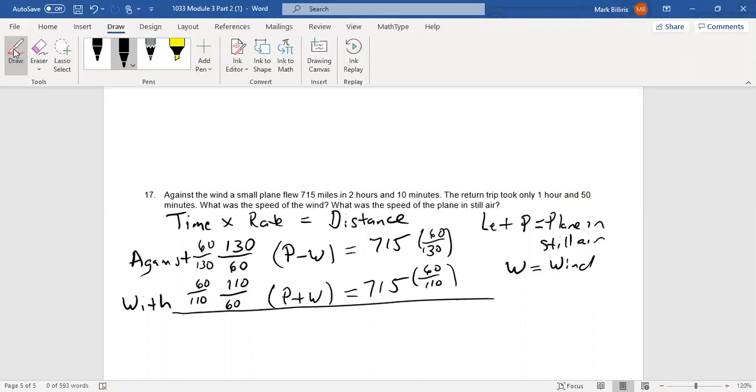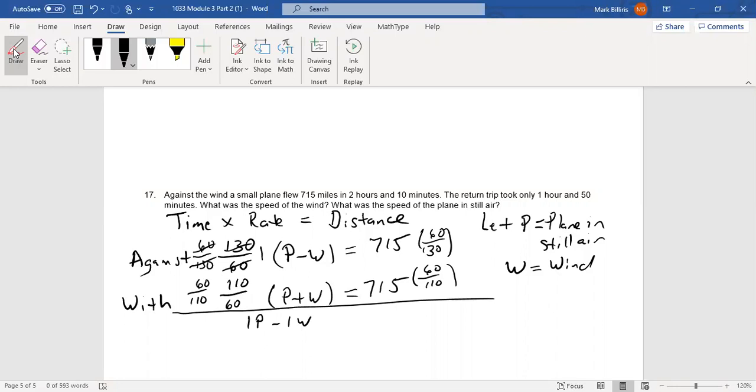So when I multiply by a reciprocal, remember it reduces to 1. So this is 1p minus 1w now. Because remember, this reduces to 1, and when I distribute the 1 times each one, I get 1p minus 1w. Now, on the right-hand side, depending on what type of calculator, you're going to take 715 times 60 over 130.